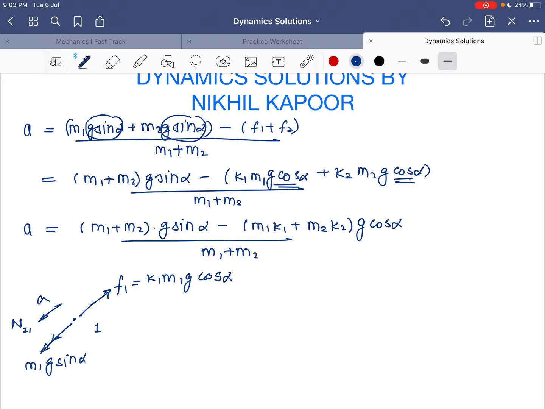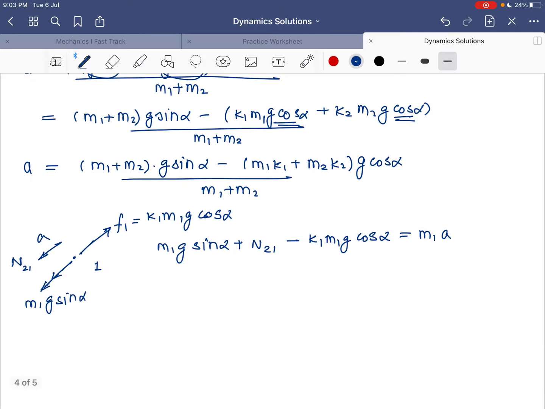So the equation would become: net force, that is m1g sine alpha plus n21, the total force acting along the plane downward, minus friction k1 m1g cos alpha must be equal to mass into acceleration.